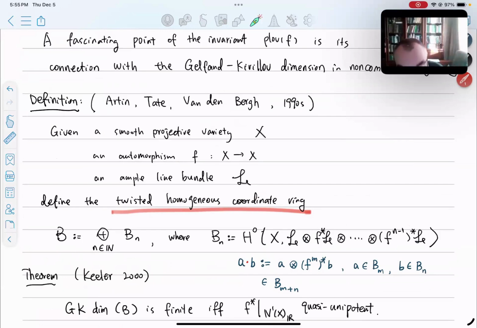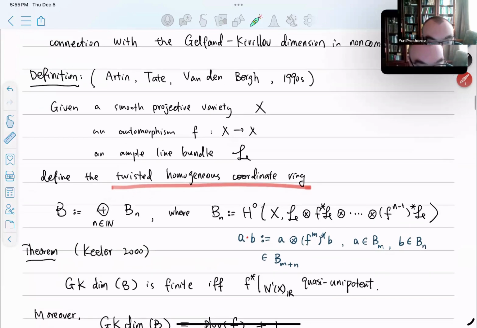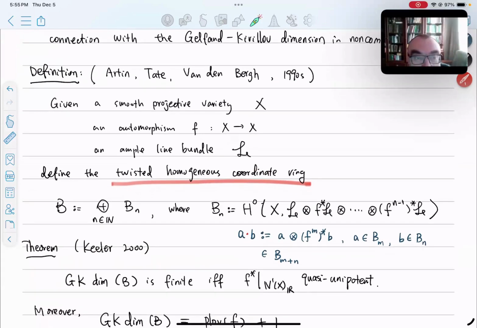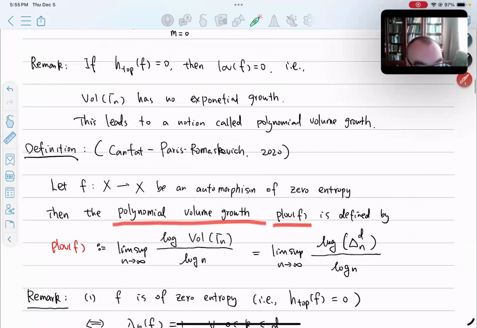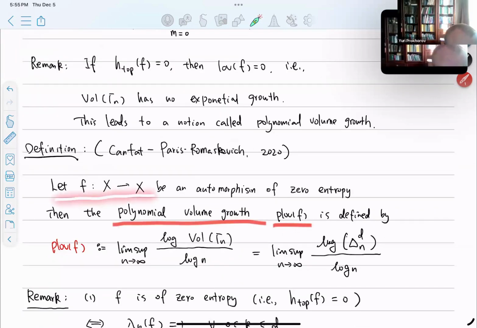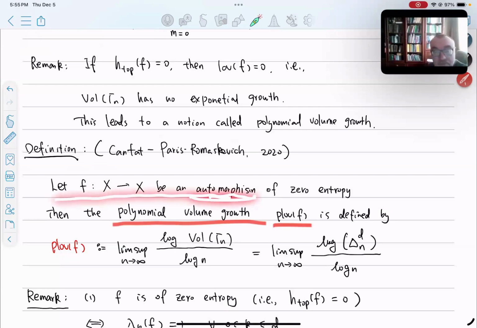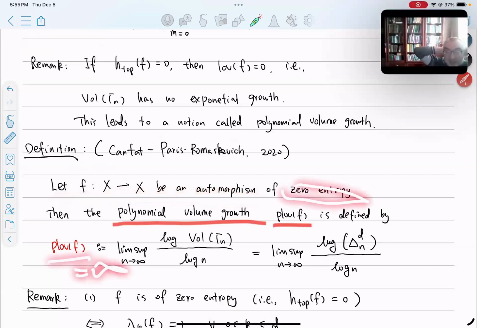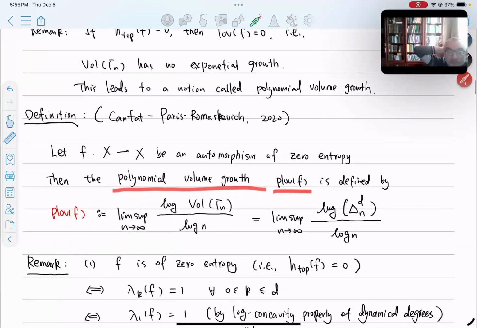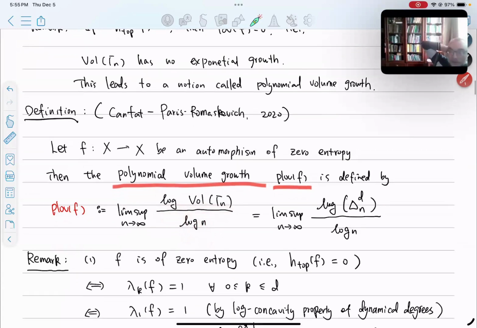Yeah, but the definition still works, right? Yeah, the definition works, of course. So if you consider F an endomorphism with positive entropy, then the polynomial degree of F is infinity, because the log of the volume of gamma_n divided by n is a finite number. So if you divide by log n, it's infinity.